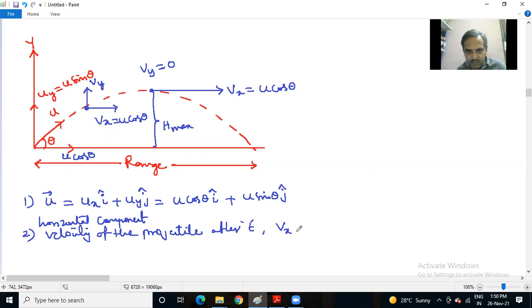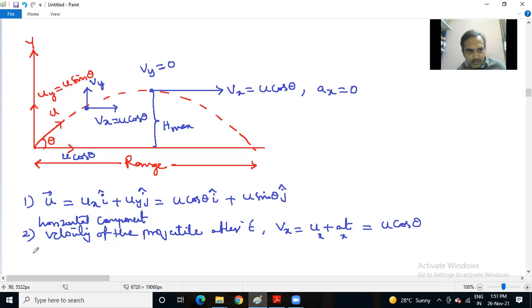So Vx is equal to, make use of v equal to u plus at. So ux plus ax t. In the entire concept, you said that acceleration is 0 horizontally because there is no change in the magnitude of velocity and its direction. So therefore acceleration does not exist. So you will get it as only ux, that is equal to u cos theta.